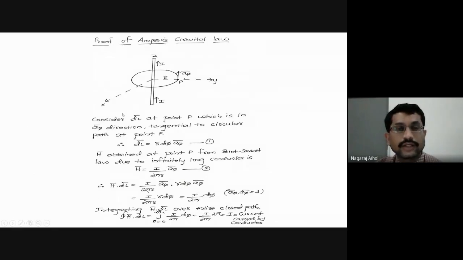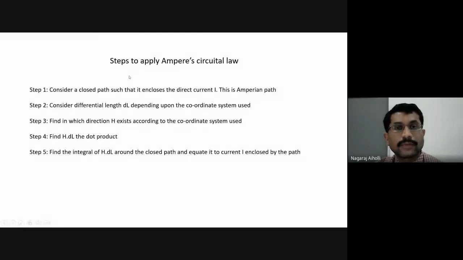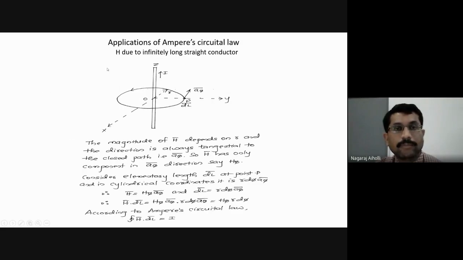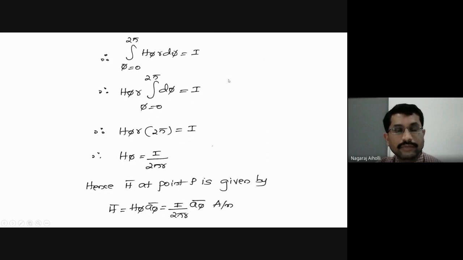We have derived Ampere's circuital law and proved that the closed line integral of H bar dot dl bar is equal to I. Then the steps to apply Ampere's circuital law, there are 5 steps. We have discussed that. And then applications of Ampere's circuital law, we have taken the first application, that is finding H bar due to an infinitely long straight conductor. And we have finally arrived at the same equation, that is H bar is equal to I by 2 pi R A phi bar ampere per meter, which we also got using Biot-Savart law.